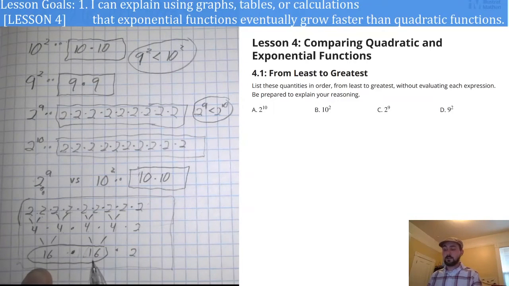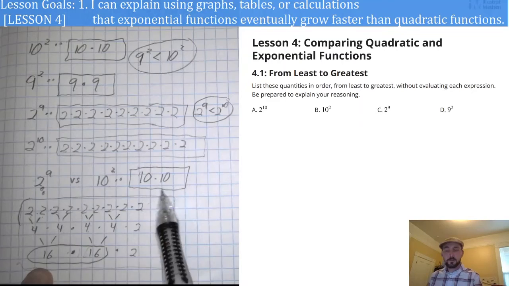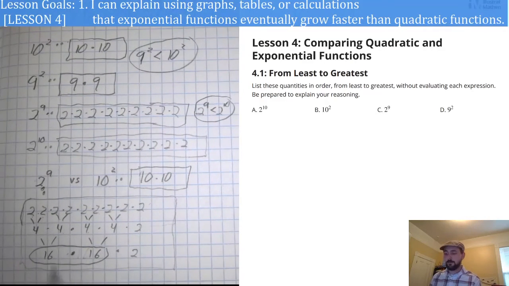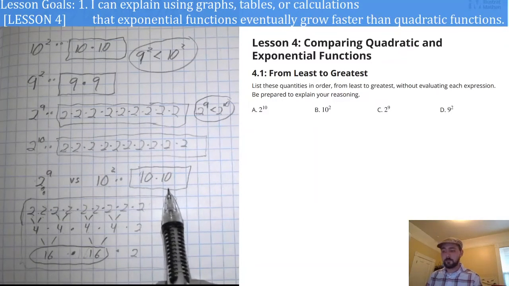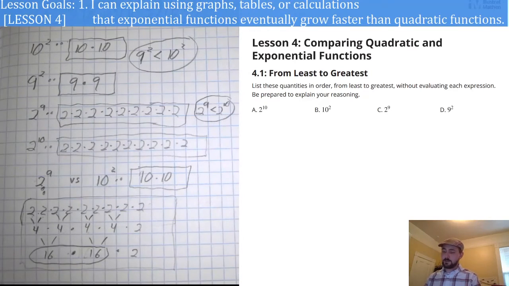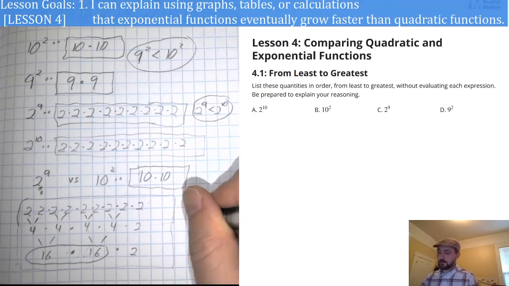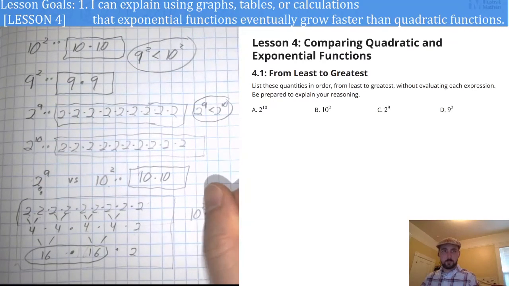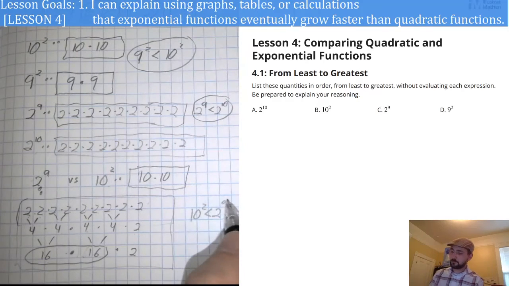And 16 times 16 times 2 is definitely going to be bigger than 10 times 10. And I can do that without actually finishing this, right? I don't even need to know what 16 times 16 is to say that it's got to be bigger than 10 times 10. So this tells us that 10 squared is smaller than 2 to the 9th.